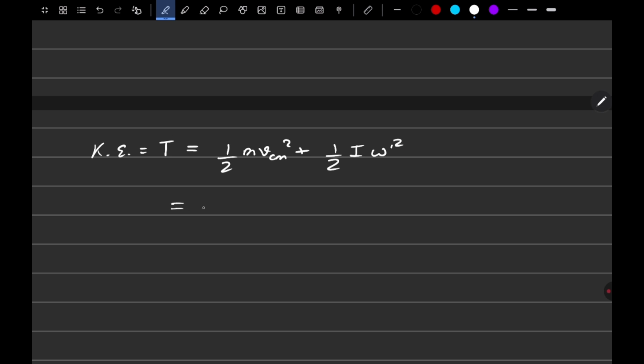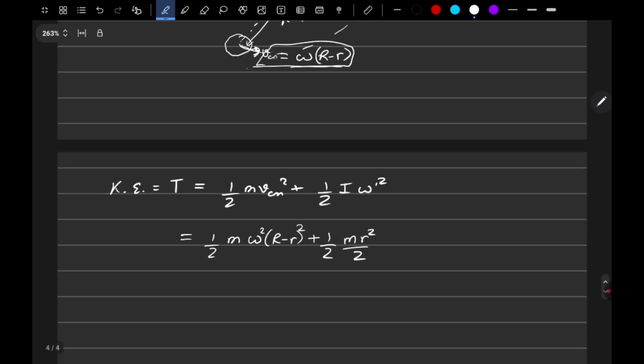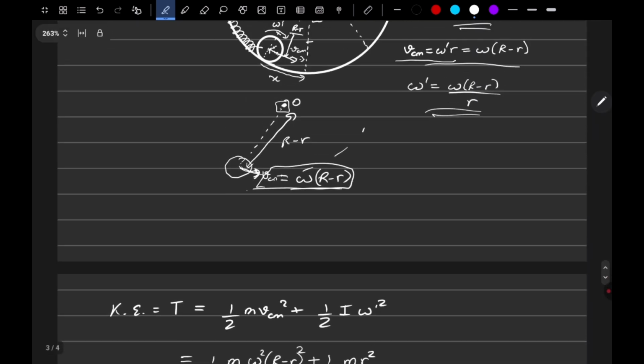V_CM we have already calculated. It's equal to omega times (R minus r), and the moment of inertia of a disk is equal to m r squared by 2. Omega dash squared we also calculated; omega dash is omega times (R minus r) upon r.